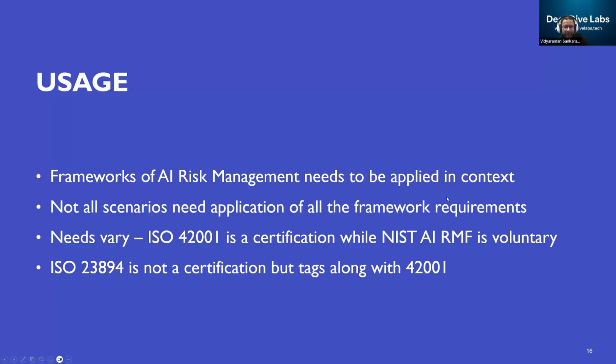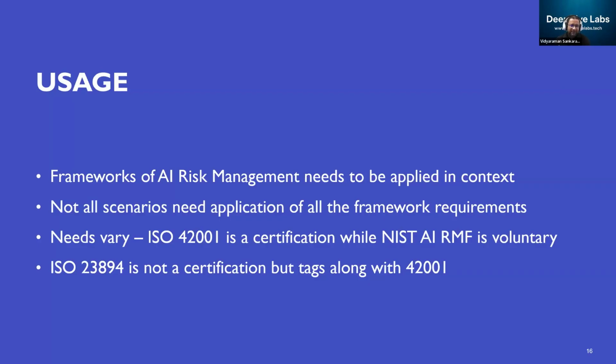So this is the point on the usage. The reason I'm setting context here is in the next slide, we are going to see a very rough flow chart on when you can try to apply a particular framework and what sort of tools you would want to apply based on your particular needs as well.